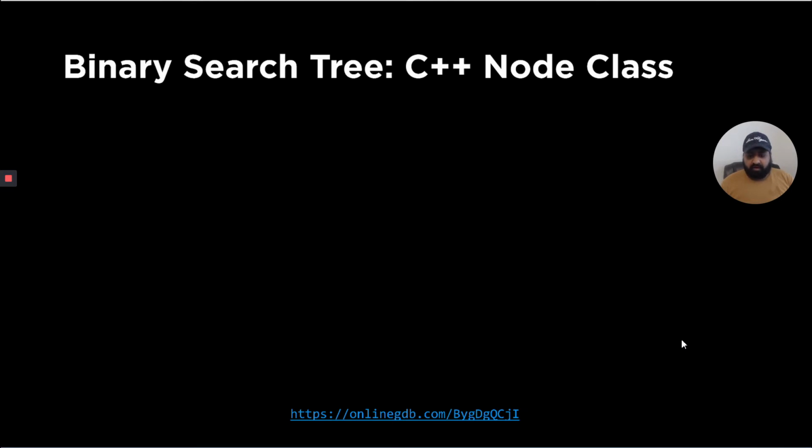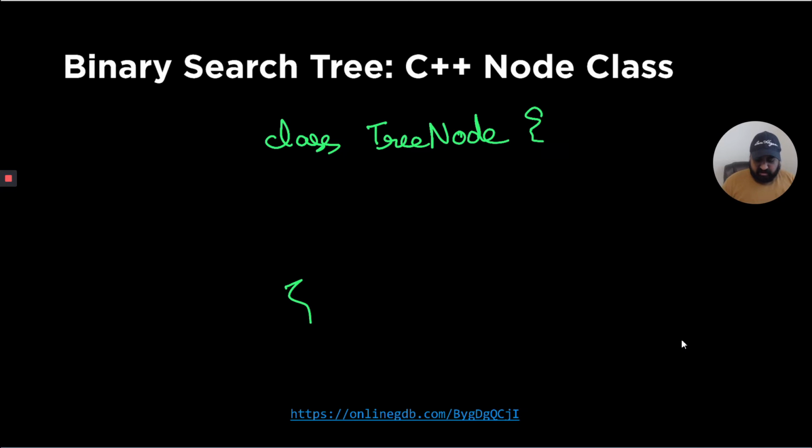We can define our own C++ node class, similar to what we discussed in the linked list section or the previous module. So we can have a class node, or I'm calling this tree node, and similar to the linked list, we can have additional data members. One of them is the value that it is storing, which in this case, let's say our value is int. It could be a string, it could be an object, it could be anything.